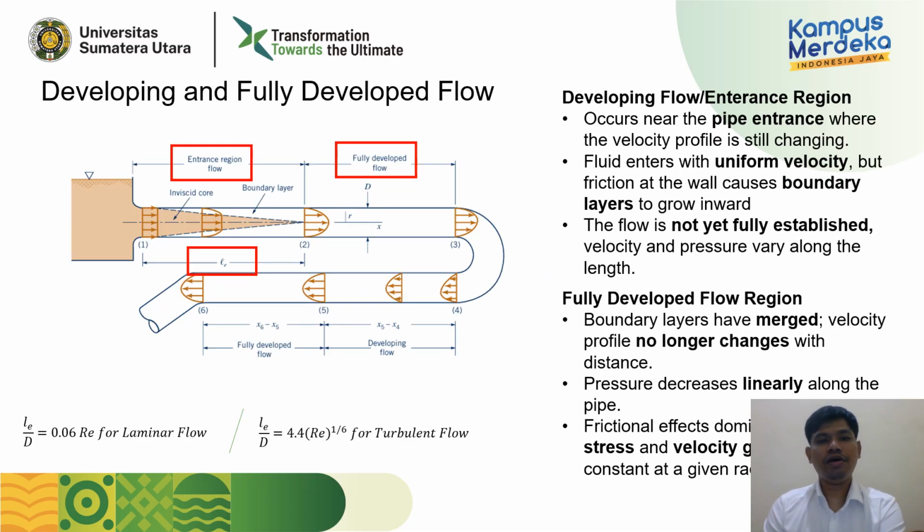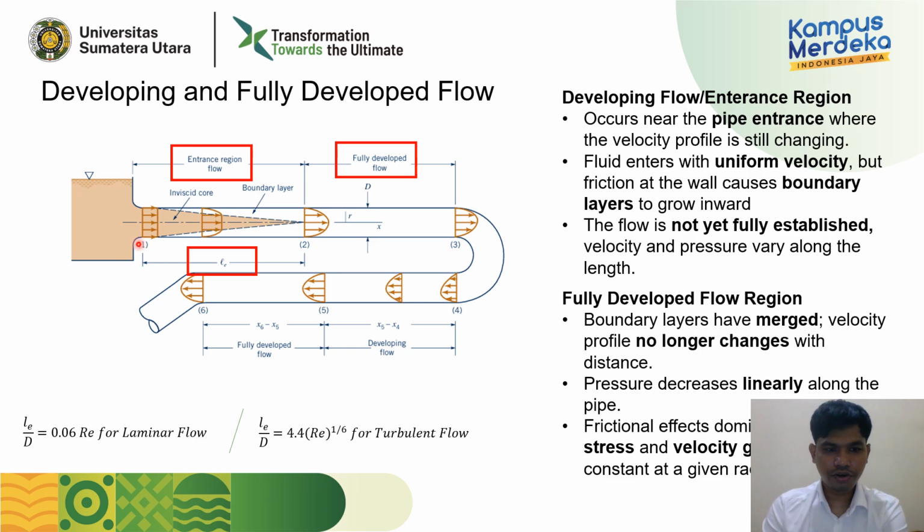And then we talk about the other classifications of pipe flow, or internal flow. The first one is developing and fully developed flow. You can see here, a developing flow, or entrance region, occurs near the pipe entrance where the velocity profile is still changing.